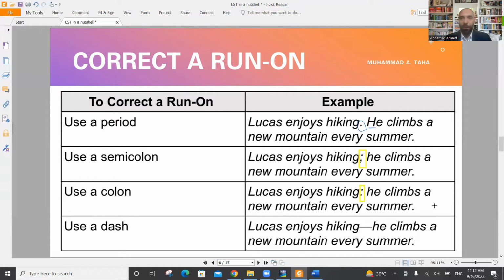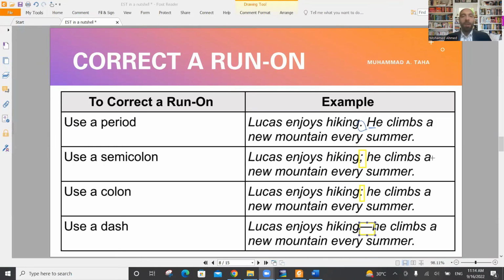We actually are going to talk about each one in details later on. Talk about the semicolon, how can we use it, and all the cases. It's a lesson called punctuation. Don't worry, just now I want you to know how to fix the error of a run-on. Okay, dash also do the same job. So here, dash is the same.